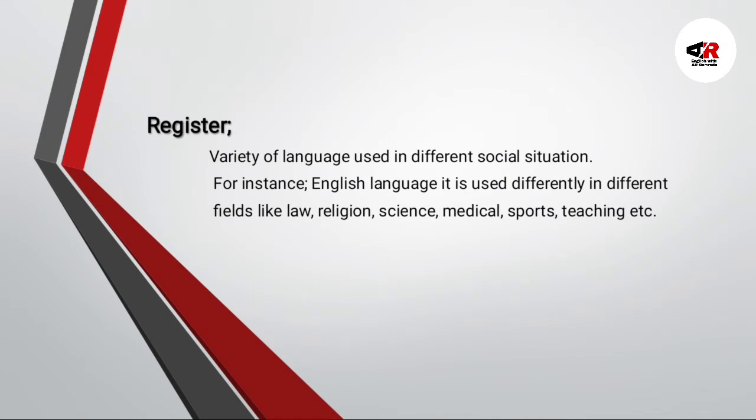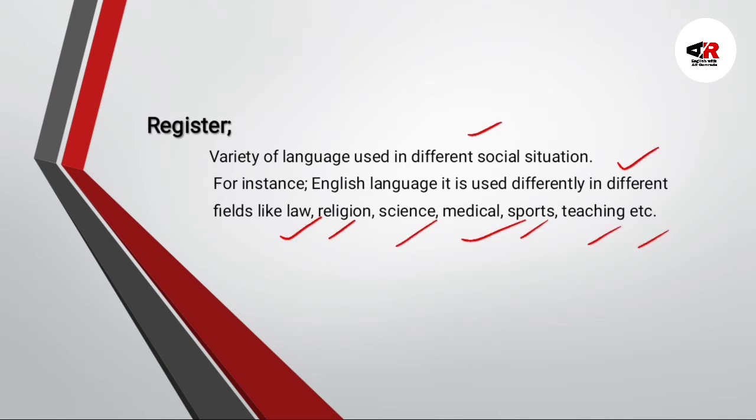Register is a variety of language used in different social situations. For instance, the English language is used differently in different fields, like law, religion, science, medical, sports, teaching, etc. In every field of life, the English language is totally different, meaning we use different vocabulary.